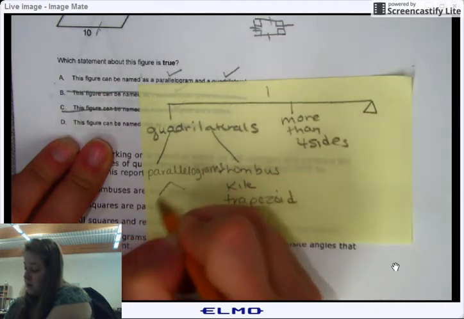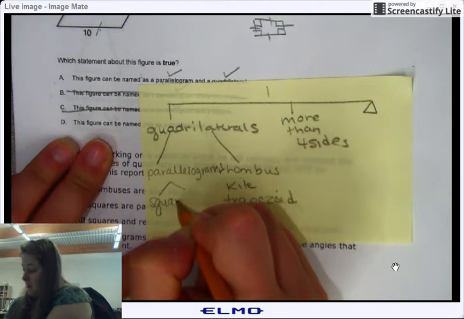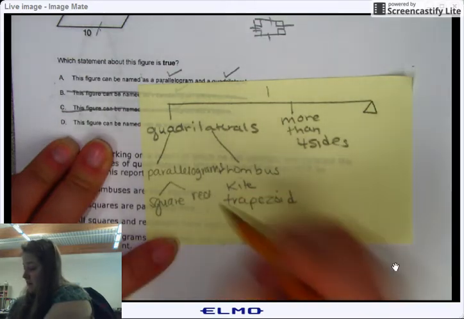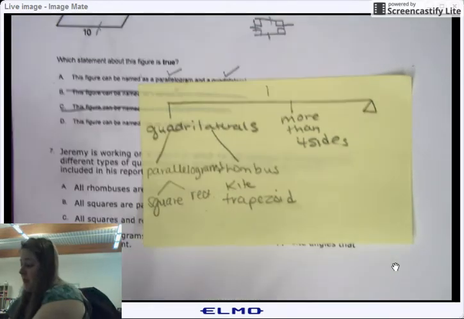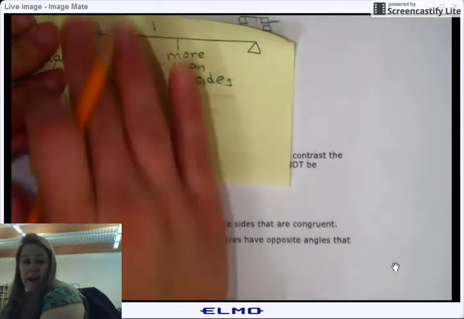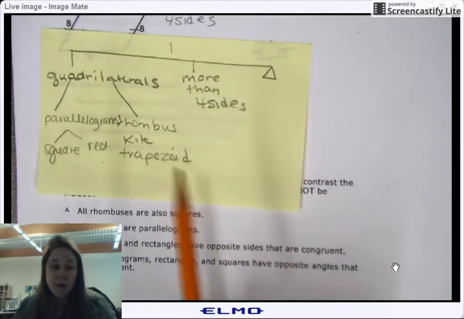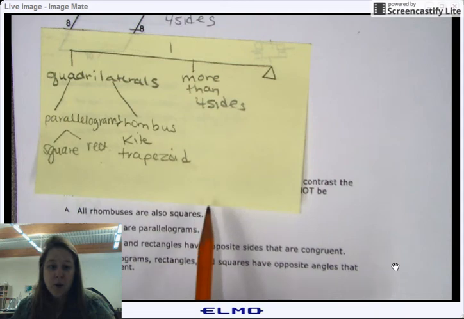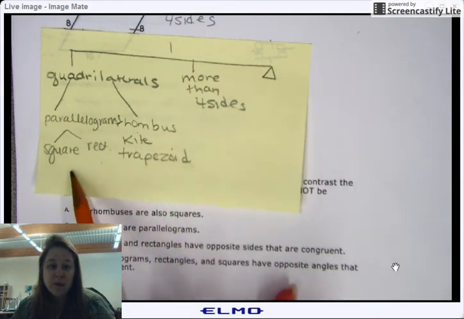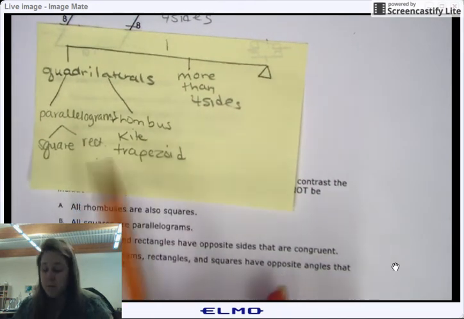And under parallelograms you have a square and a rectangle, right? So looking at that, looking at my hierarchy, all rhombuses are also squares. Well, rhombuses don't even fall under the same category. So that can't possibly be.